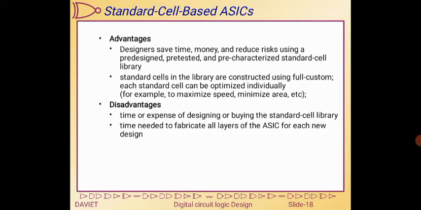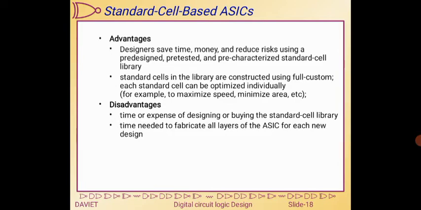And the next one, the risk factor is very low in the standard cell based ASIC. So we are using a pre-designed, pre-tested and pre-characterized standard cell library. Standard cells in the library are customized using full custom.